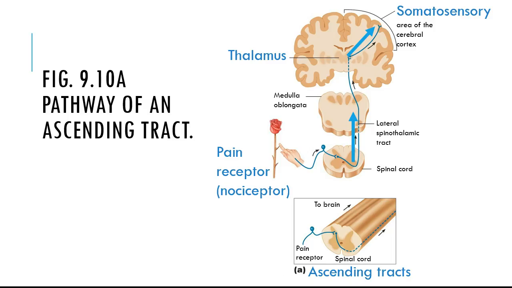What about when I carry on a reflex and I've got some type of cognition, and I'm holding the rose and it hurts, and I want to figure out how to re-handle the rose so I don't prick myself again and have another reflex? What part of the brain do I now need to incorporate? The frontal lobe. And what type of tracts in the spinal cord? Descending tracts.